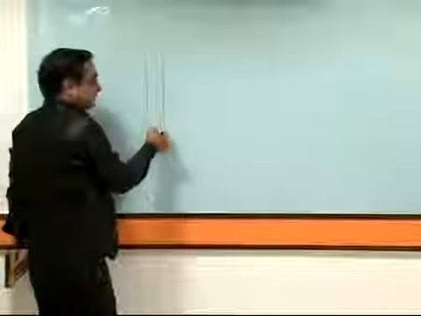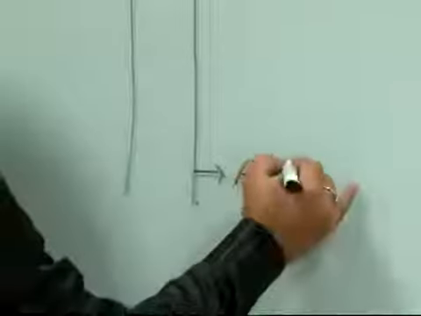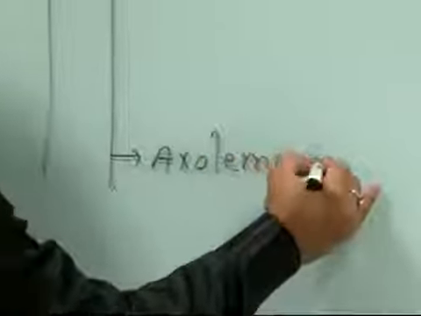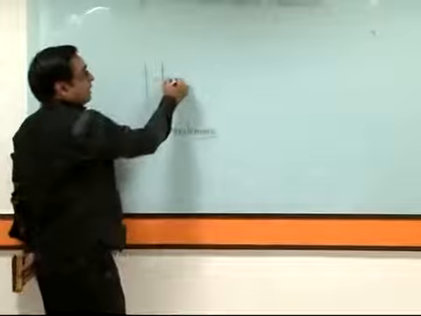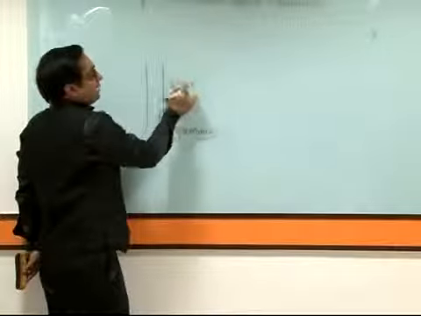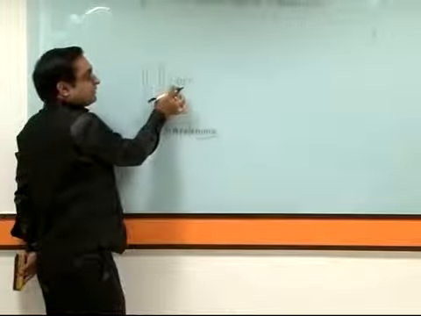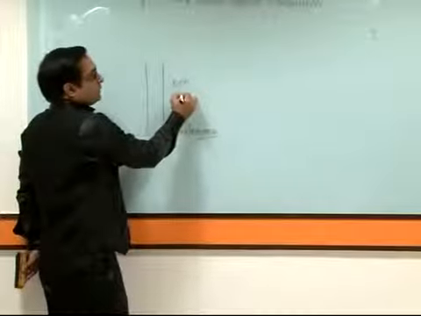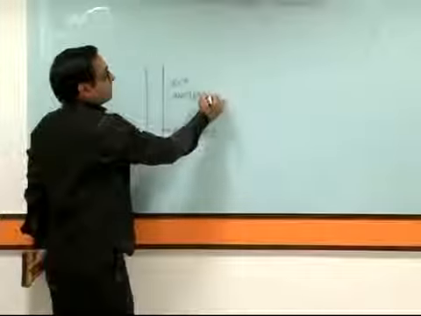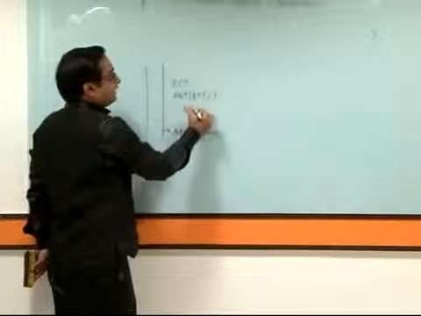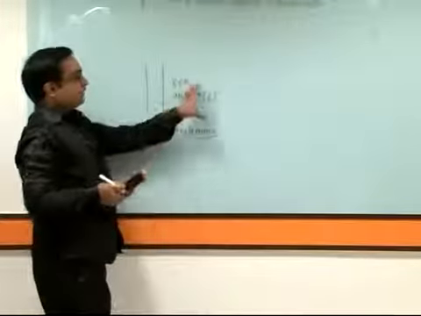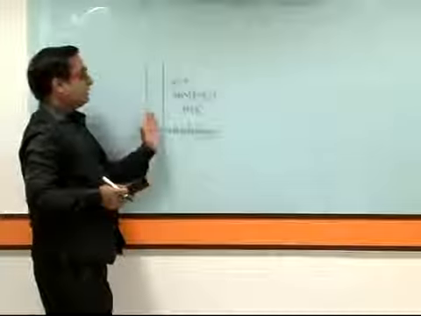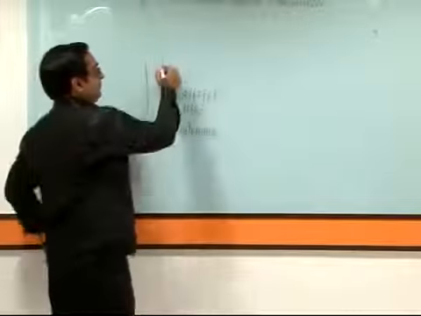This is axon. This, as we have discussed, is the plasma membrane of axon or axolemma. Outside axolemma, we have ECF, that is extracellular fluid, with sodium ions, potassium ions, chloride ions, and bicarbonate ions. They are present in ECF as well as inside the axoplasm.